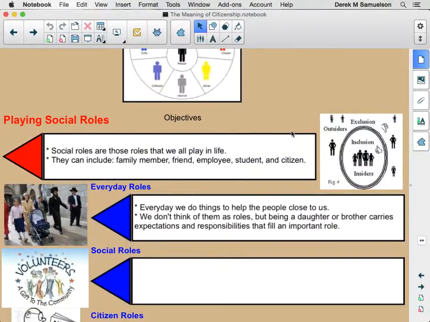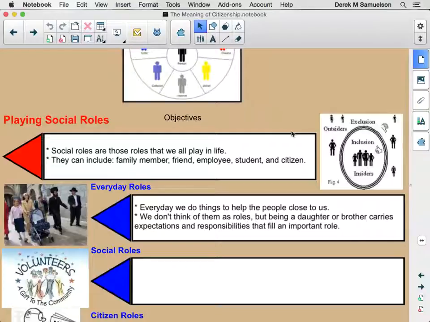Now, our everyday roles are things that we do to help those who are close to us. We don't think of these as playing a role. We don't think of ourselves as, I need to do this because I am this. But we do it. Being a daughter or a brother carries expectations and responsibilities that fill an important role.